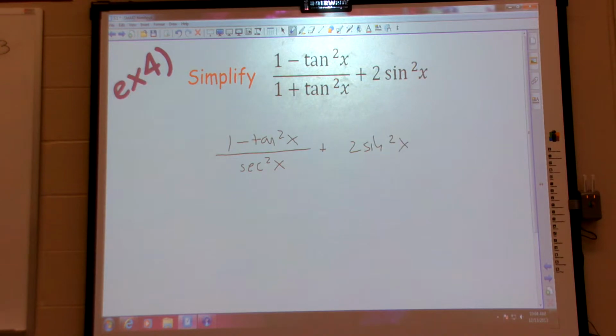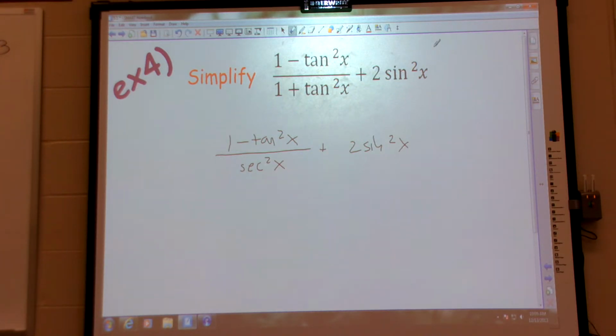Because no matter how hard I try, my identity is this: 1 plus tangent squared x equals secant squared x. No matter how hard I try to rearrange that, you will never get 1 minus tangent squared. So that's kind of a red herring right there. You see the 1, you see the square, but it doesn't get you anywhere.